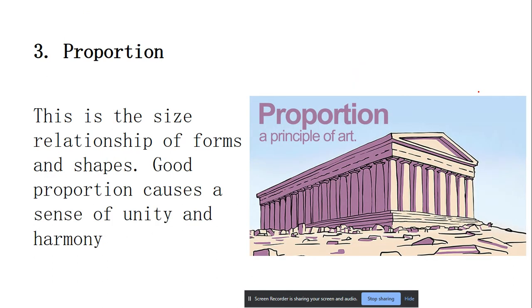This is the size relationship of forms and shapes. Good proportion causes a sense of unity and harmony. So it's important likewise to apply proportion, especially in taking pictures. So we must consider proportion to have a good shot.